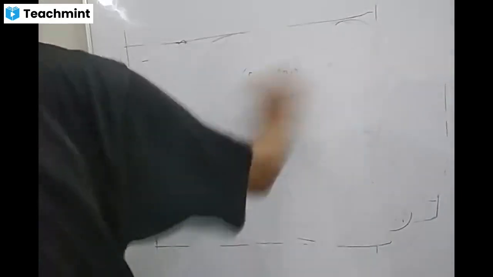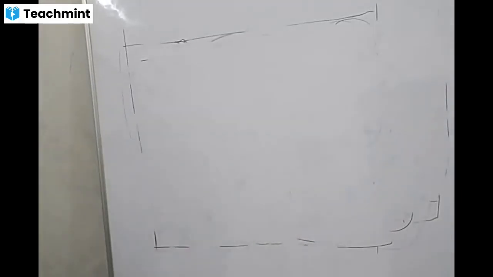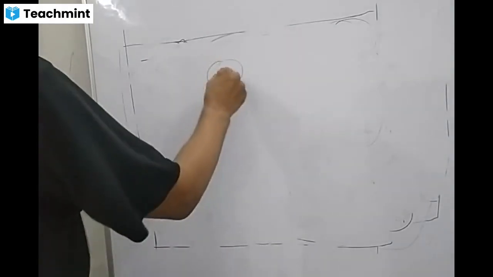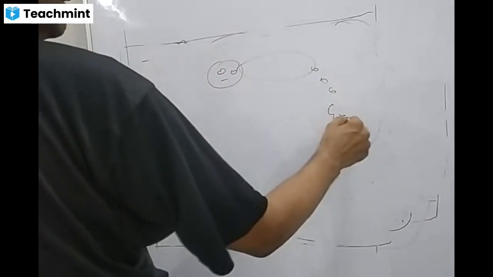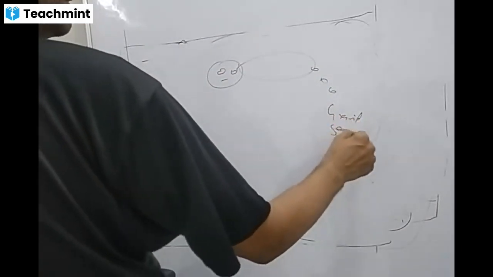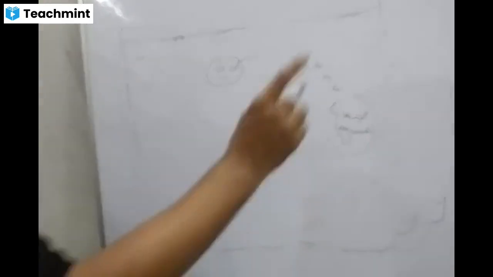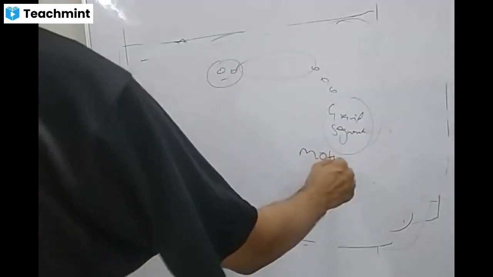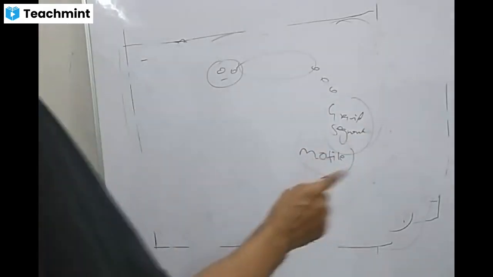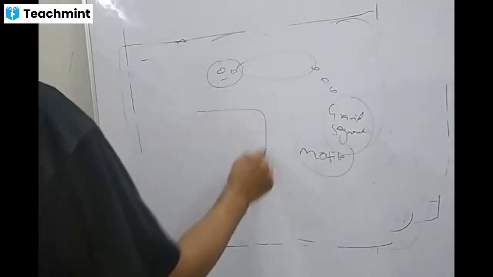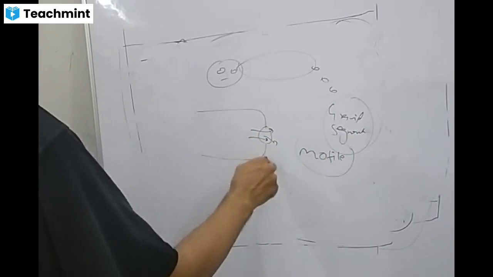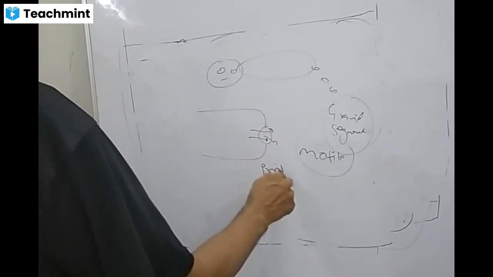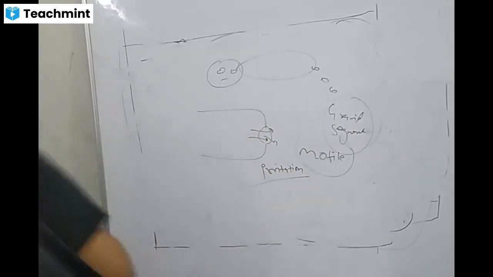And one more MCQ about this. From the body of the definitive host, what comes out? The gravid segments. Because they are motile, in the area of the anus, when they come out, at that time they cause irritation.